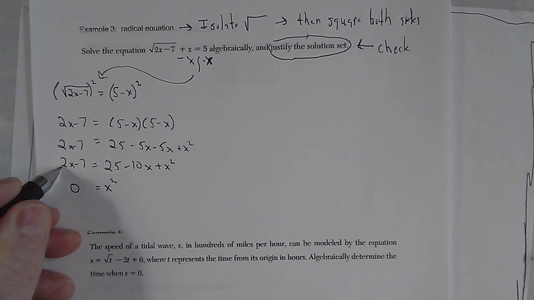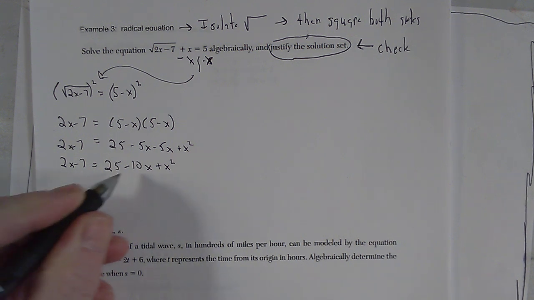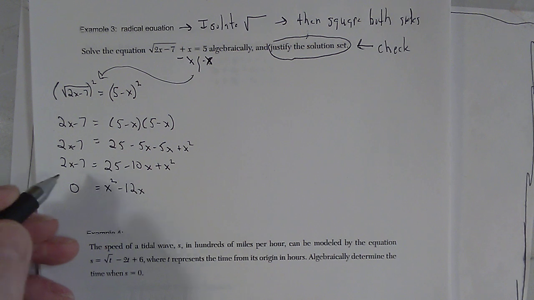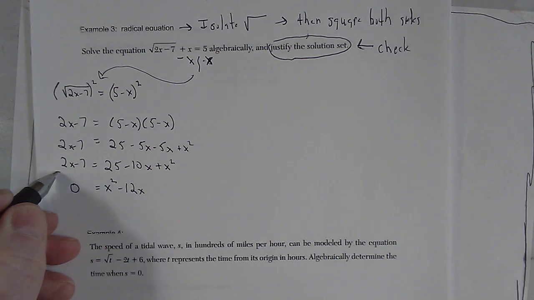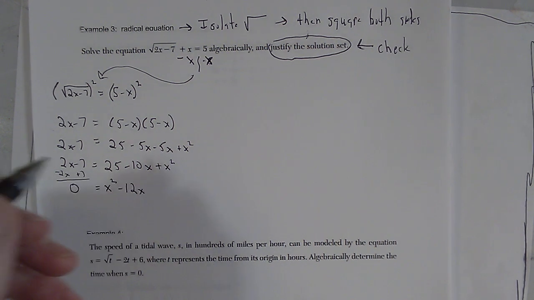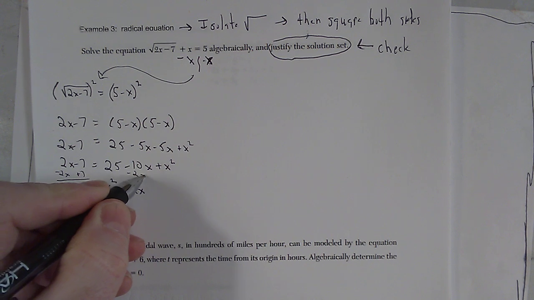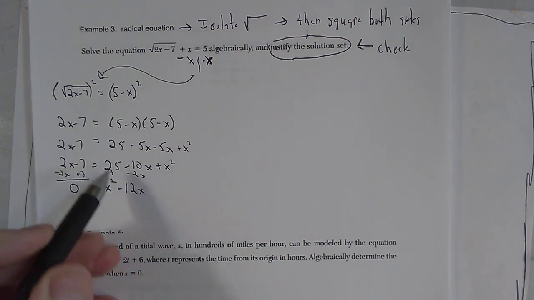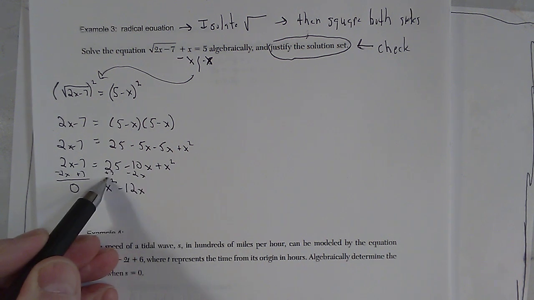So subtract 2x from both sides. Negative 10 minus 2 is a negative 12. Then add 7. So I'm subtracting 2, and I'm going to add 7 to that guy. 25 plus 7.